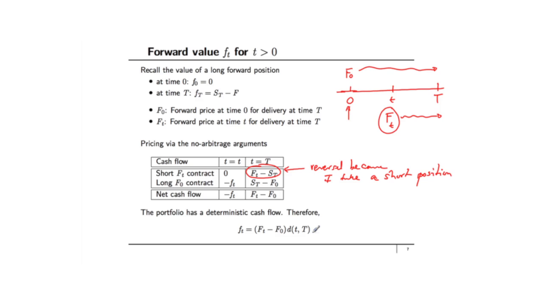I take both of these into my portfolio, and I do this in order to cancel out the random quantity S capital T, the spot price of the underlying asset on which these forward contracts are written. When you do the net cash flow, you end up getting a deterministic quantity, and I know how to price that. And that's how I end up computing the value of a forward contract at some time t in the future, which is not the time at which it was struck, and it's not the time at which it's expiring.